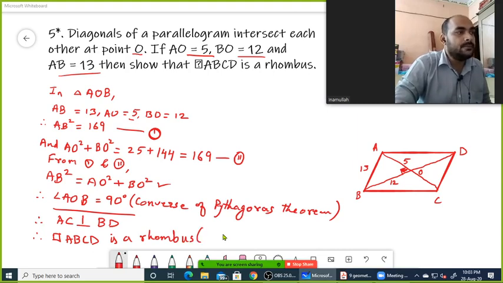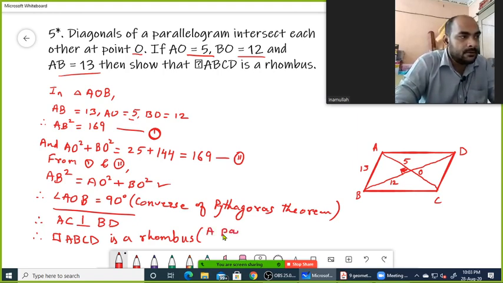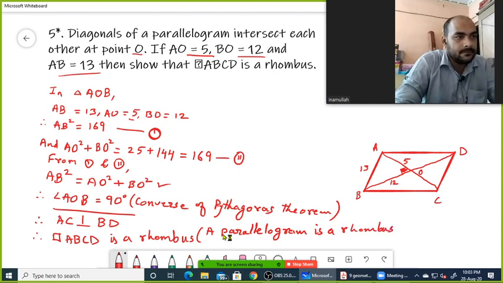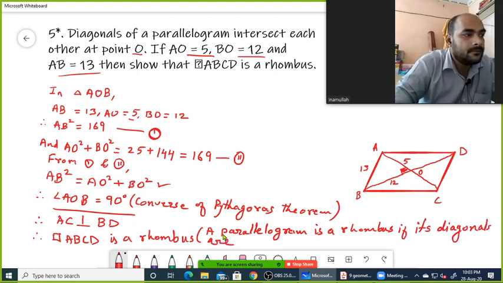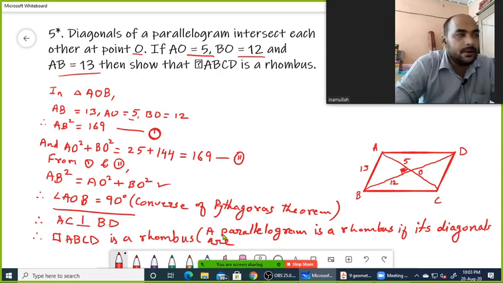Here you can mention that a parallelogram is a rhombus if its diagonals are perpendicular to each other.